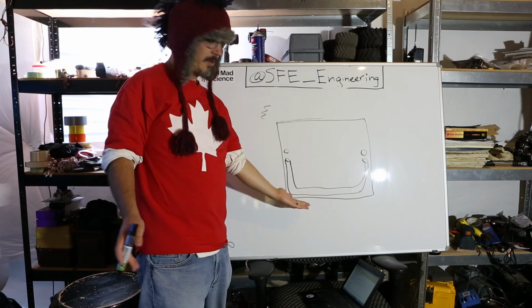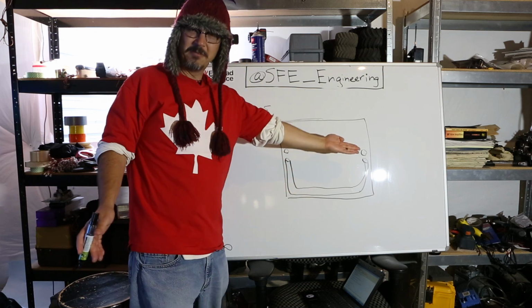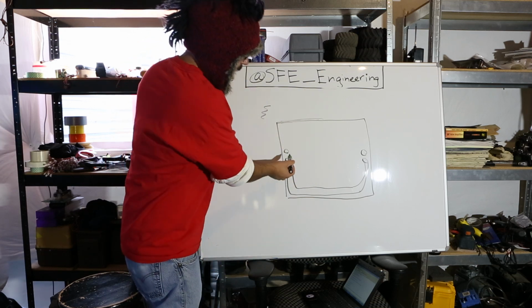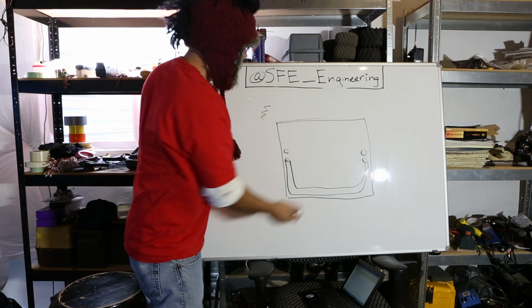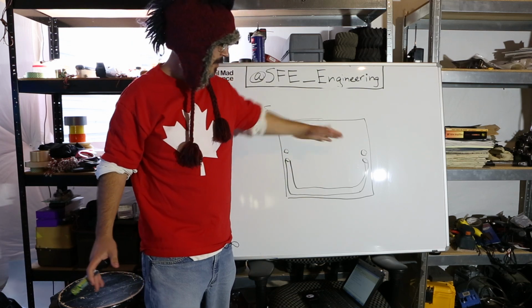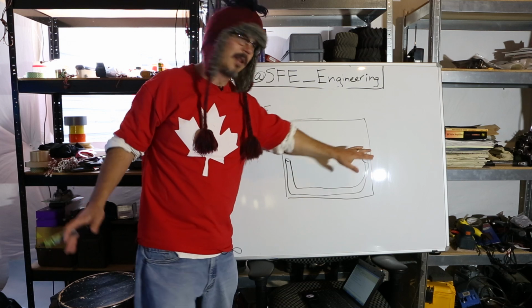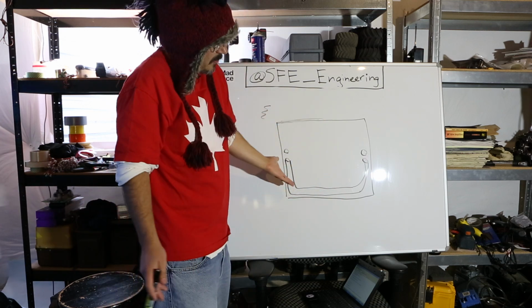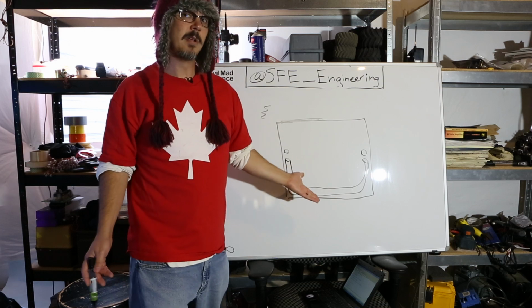Is it better to have it around the outside edge than go straight through the middle? I might resort to doing something like this in order to keep a solid ground plane under the circuit, because if I take this right down the middle, I'm going to split the ground plane, and that's going to be kind of goofy. So there's one reason why you may do something like this.